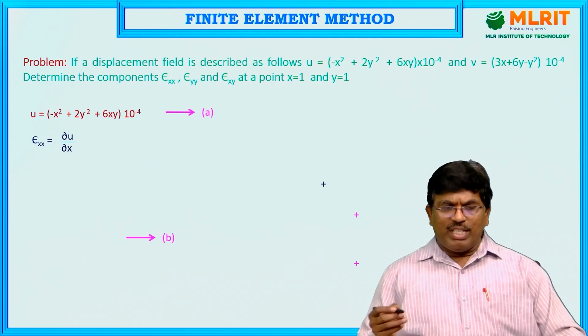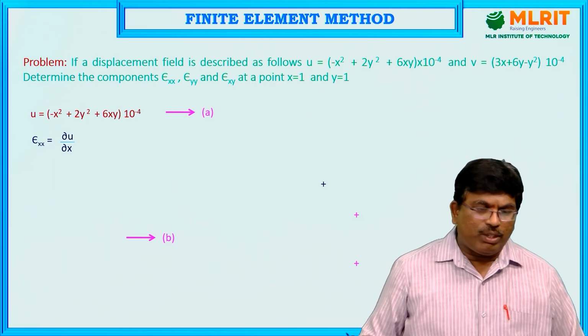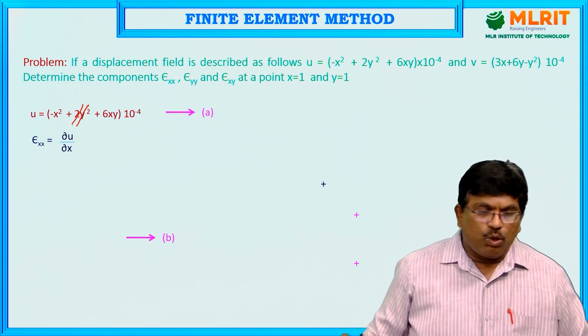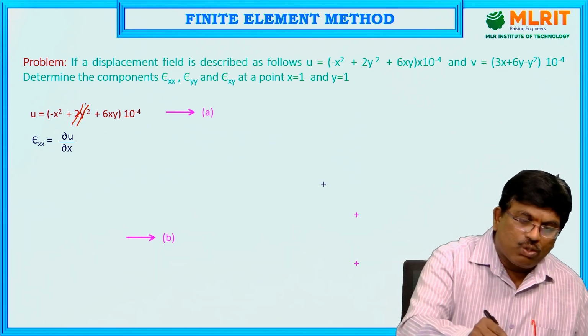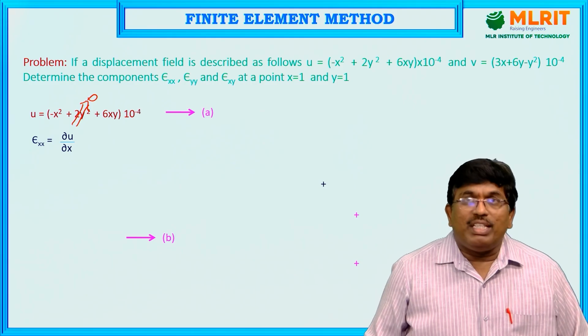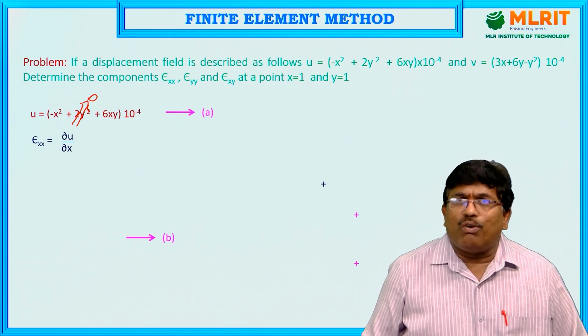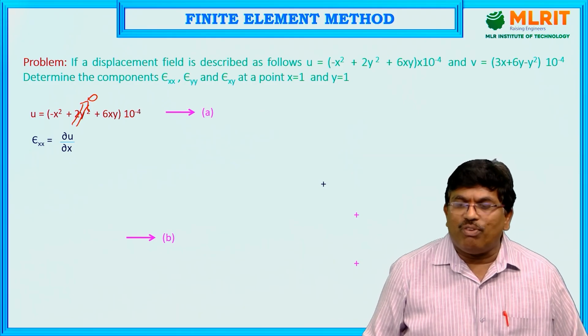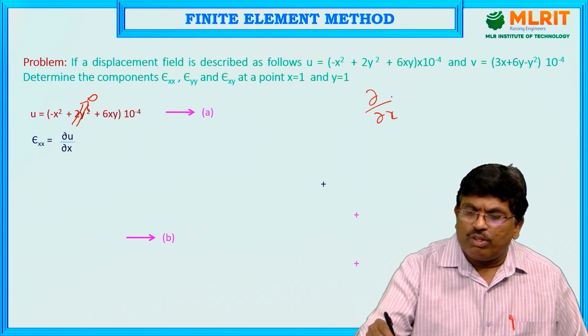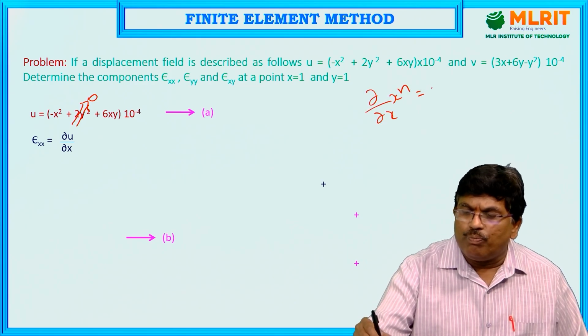So if we differentiate the above equation with respect to x, the 2y square has no x coordinate here, so it becomes 0. And you also know that the differentiation of x to the power of n equal to n into x to the power of n minus 1. That means dou by dou x of x to the power of n equal to n into x to the power of n minus 1.